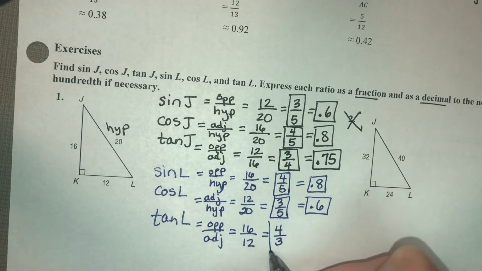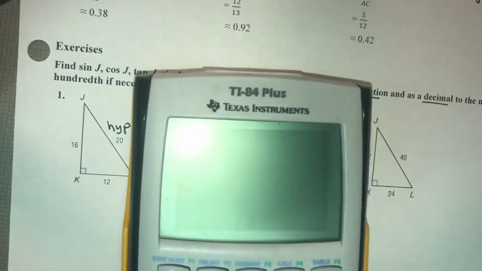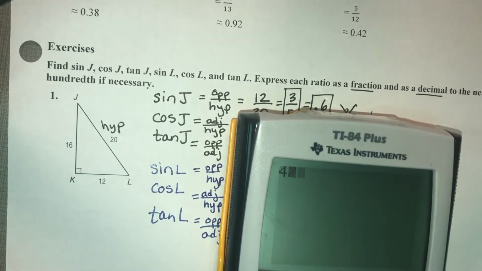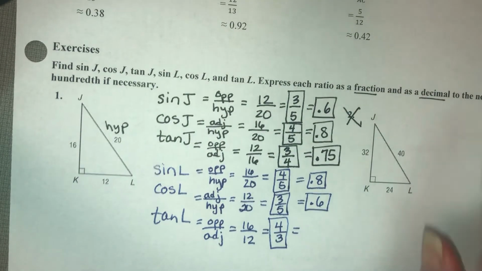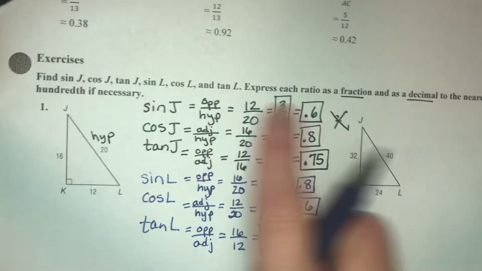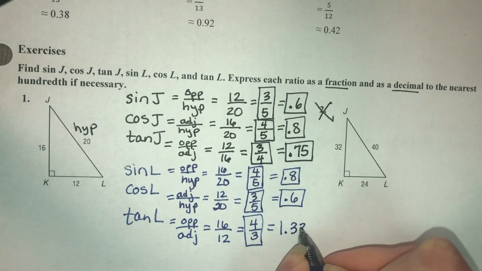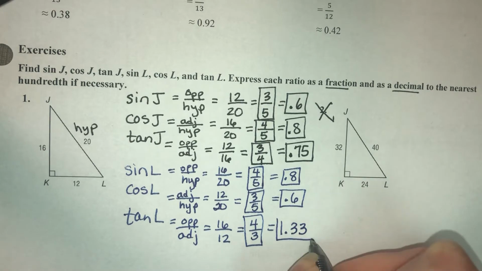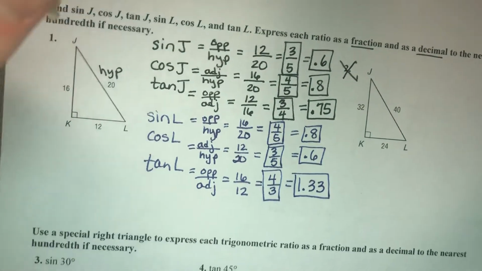So 4/3 would be the simplified fraction. And then to get that as a decimal, 4 divided by 3 gives us 1.3 repeating. And it says to round the decimal to the nearest hundredth if necessary, which means we're going to put 2 numbers after the decimal, 1.33. And that's the answer. All right.